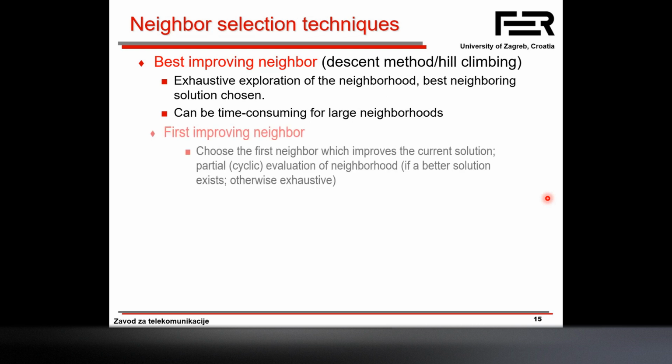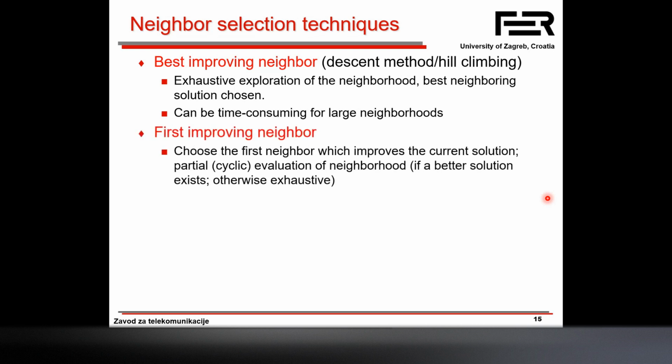Okay, another option would be to find the first improving neighbor. So let's say I start generating neighbors. So I have my solution. I start generating neighbors, let's say with this 1-bit flip. I start flipping bits. As soon as I have a neighboring solution which is better than my current solution, I pick it and continue again and start over. So start finding neighboring solutions for that new solution.